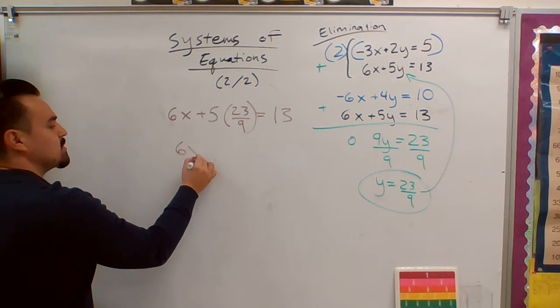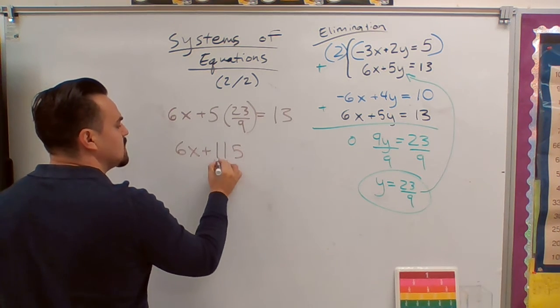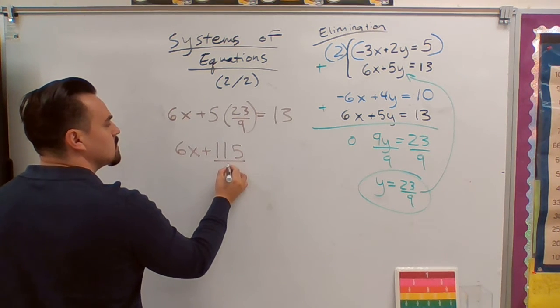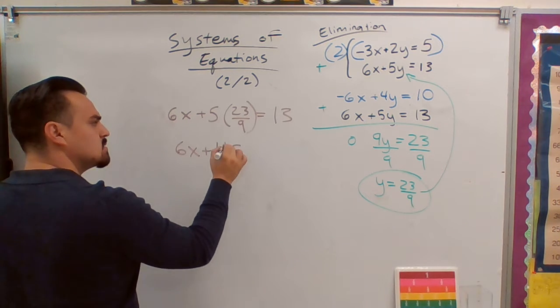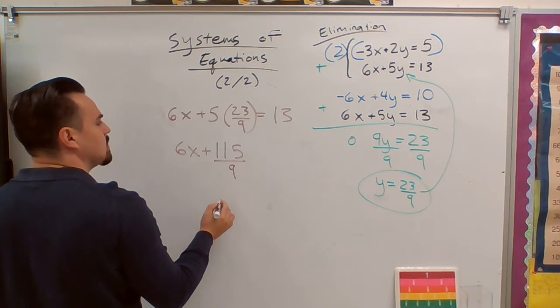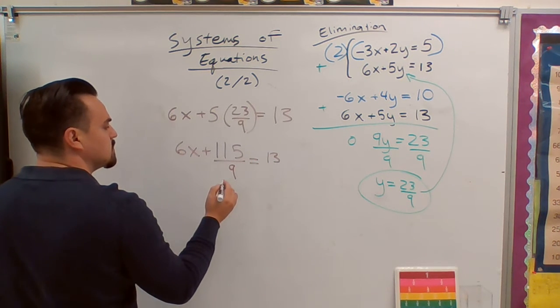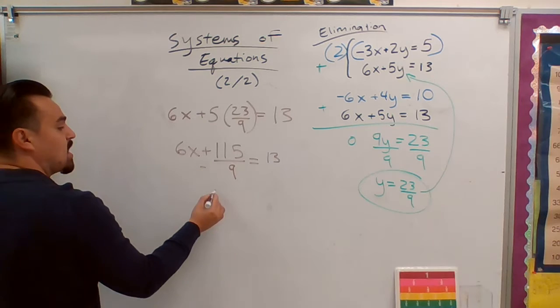Okay, that's going to leave me with 6x plus 115? Is that right? Yeah, 115 over 9 equal to 13. Okay, I'm going to have to subtract.